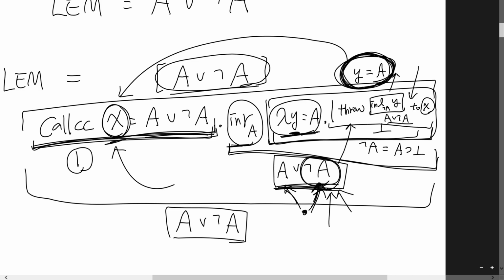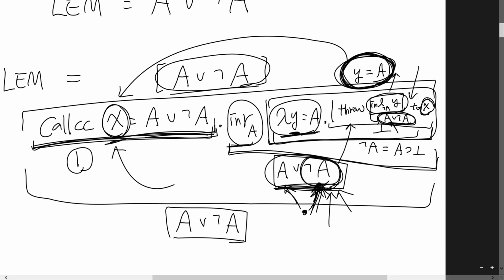So now it's pretty easy to create A disjunction negation A by taking this left side. So injection left y gives us this value of type A disjunction negation A. But this contradicts our previous decision. The previous decision was to take this right side, but here we take the left side. But that's fine because we can make this time travel.